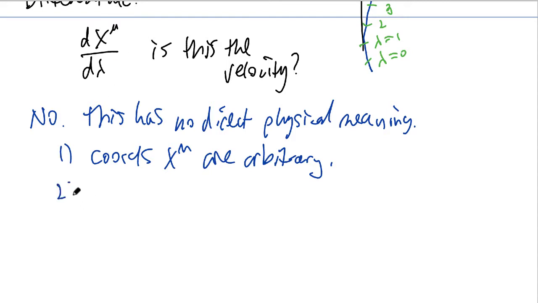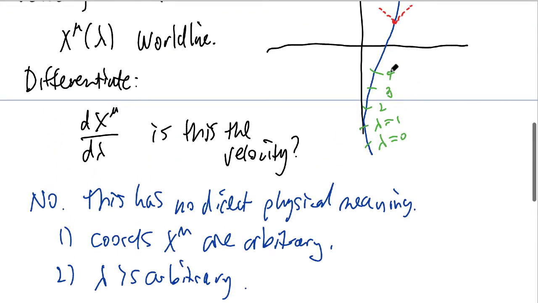And the second reason that this has no direct physical meaning is because the parameter lambda is arbitrary. Really, the only restriction on the parameter lambda is that it should be monotonic, so that there's a one-to-one correspondence between parameter values and points along the world line. Other than that, this parameter lambda is arbitrary.